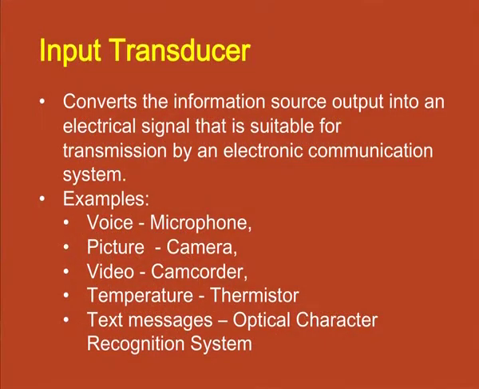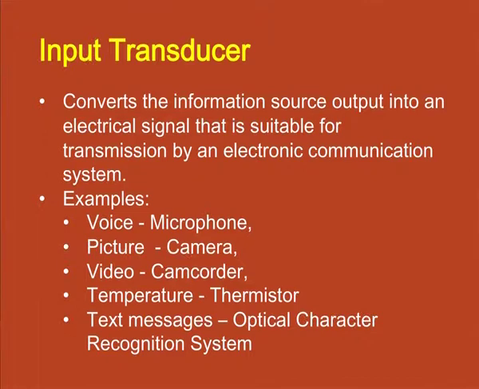Input transducer converts the information source output into an electrical signal that is suitable for transmission by an electronic communication system. Examples of transducers are a microphone, which converts voice signal into speech electrical signal, a camera, which converts images into electrical signal, a camcorder, which converts video into electrical signal, and a thermistor, which can convert temperature data into electrical signal suitable for transmission by an electronic communication system.